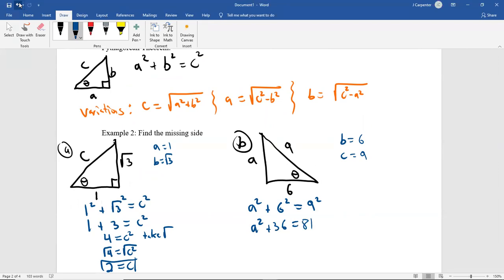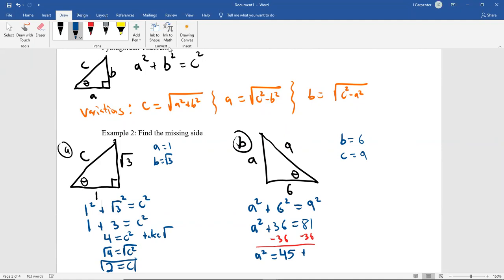And this is just an algebraic equation to solve. So we subtract 36 on both sides. That's just ultimately what it ends up boiling down to. So we get A squared is equal to 81 minus 36, which is, what's that, 45?